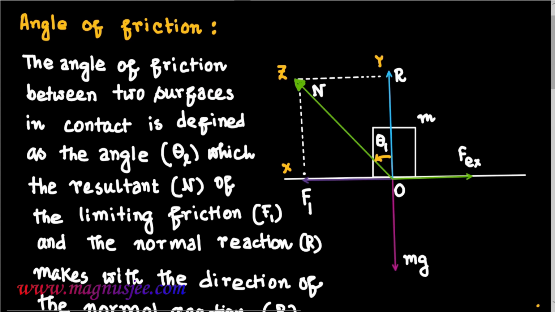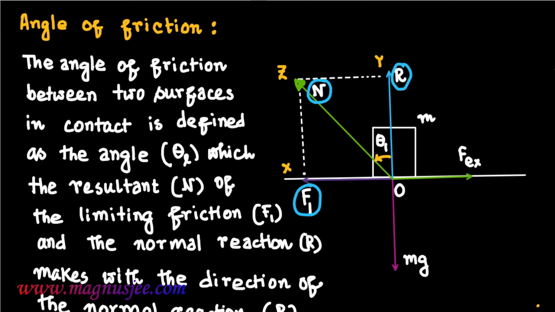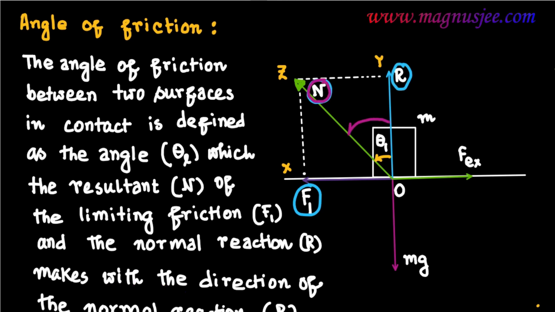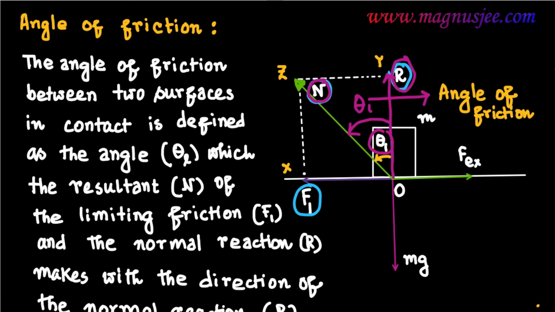In this diagram, N is the resultant of limiting friction Fl and normal reaction R. This resultant N makes an angle theta L with the direction of the normal reaction R. R acts in the vertically downward direction, and theta L is the angle of friction, which is the angle subtended by the resultant N with the normal reaction R.